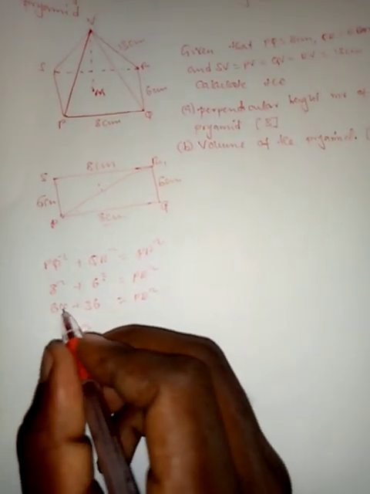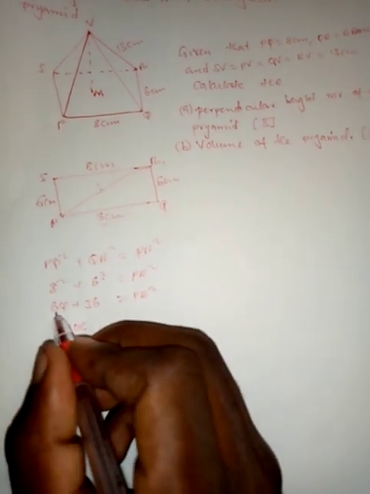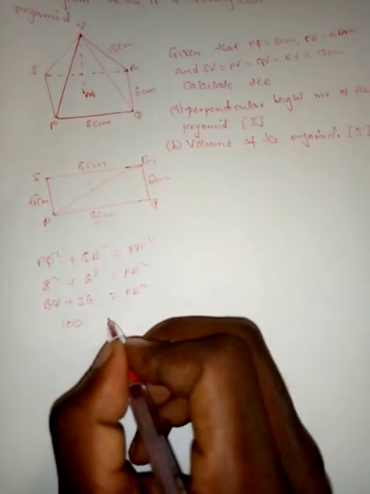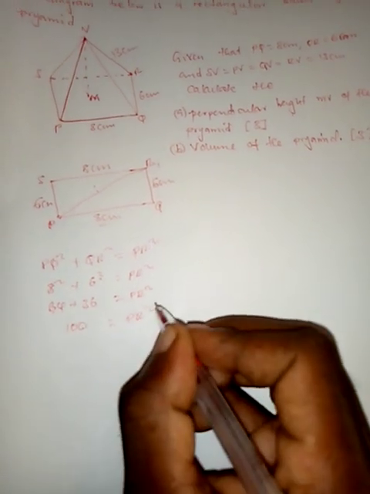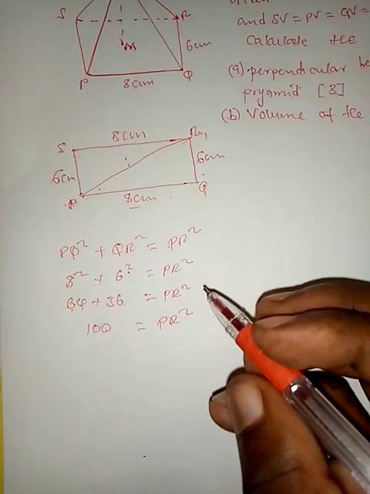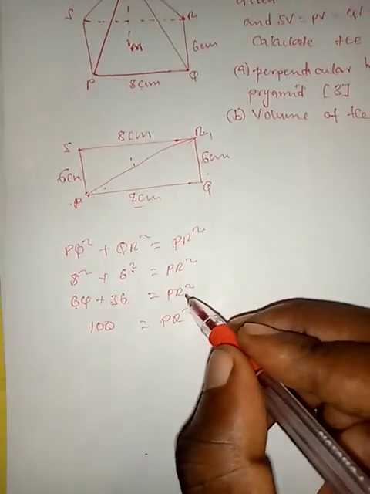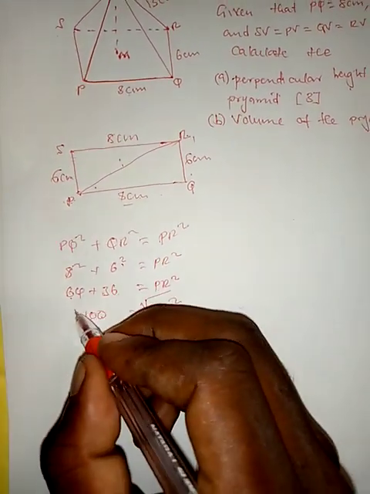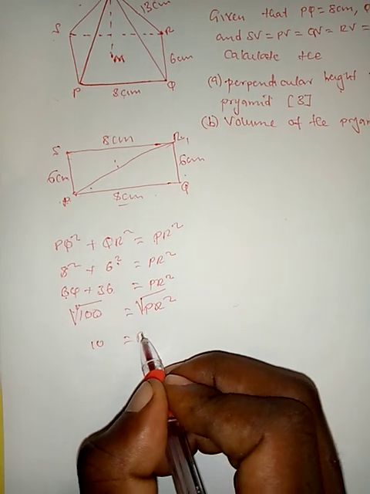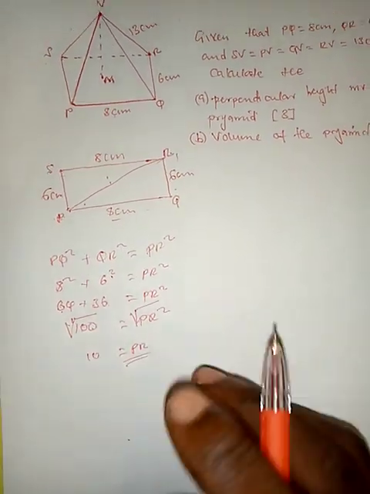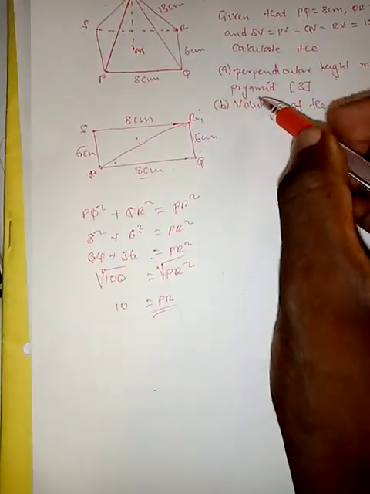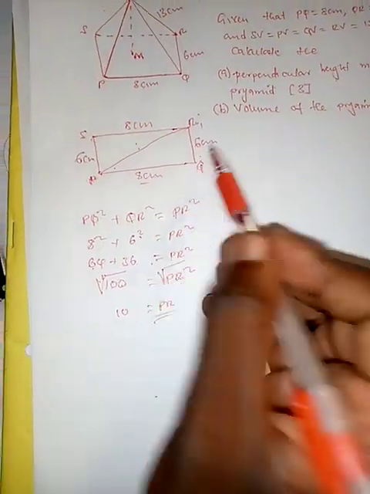Now we need to get rid of the power by introducing the square root. The square root of 100 is 10, so PR equals 10. From here I can conclude that the distance from P to R is 10, or the distance from S to Q is 10.